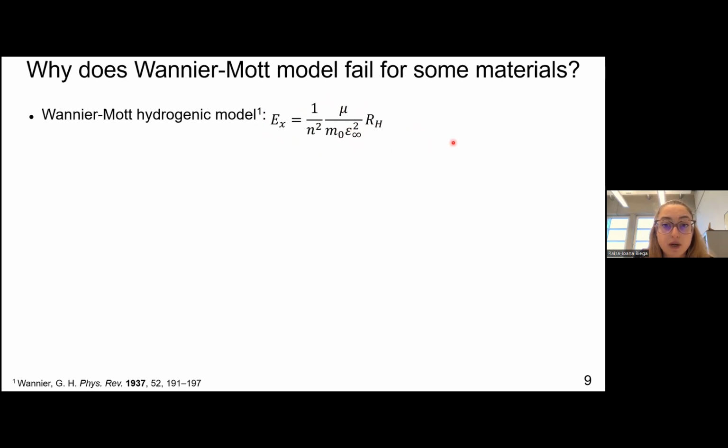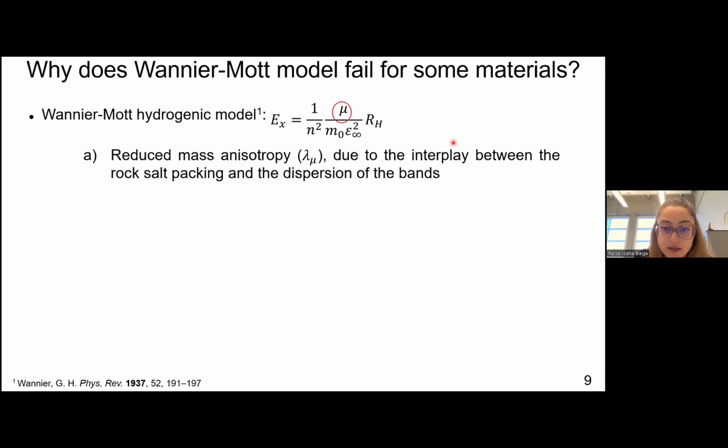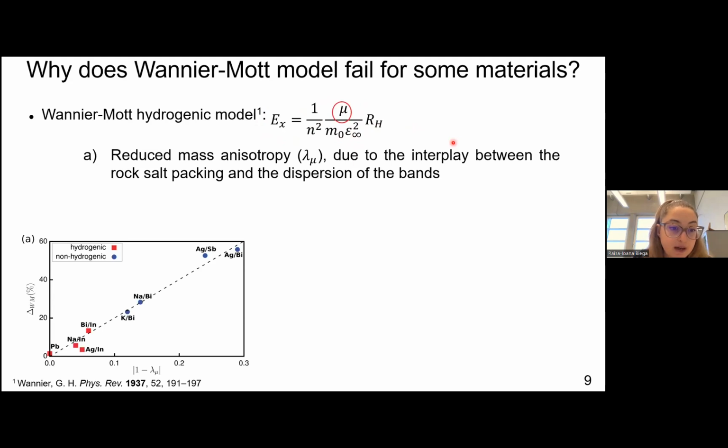So if we look at the reduced mass, what we see is that some of those perovskites have very anisotropic effective masses. For example, the lead-based one is a single perovskite that has no anisotropy in the effective mass.